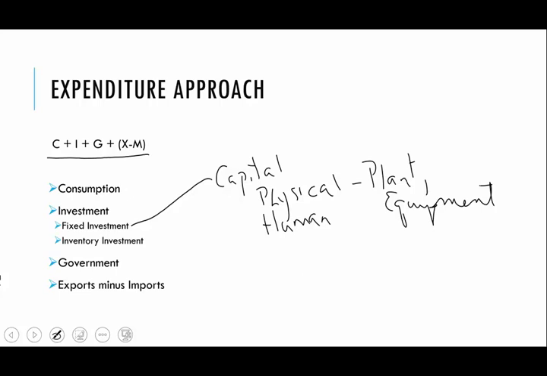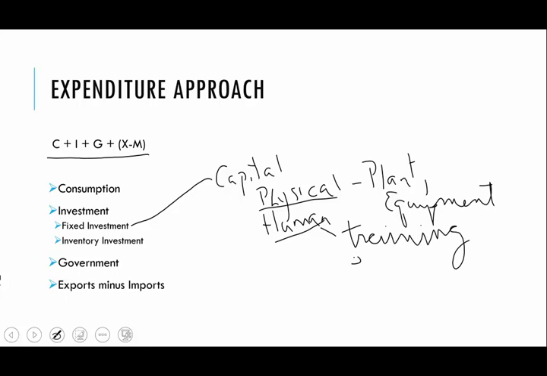It's anything that is physical, it's man-made, and it has to do with a manufacturing process or a sales process. So a firm invests in, meaning purchases, physical capital so that they can then produce the product. Human capital is training and education.